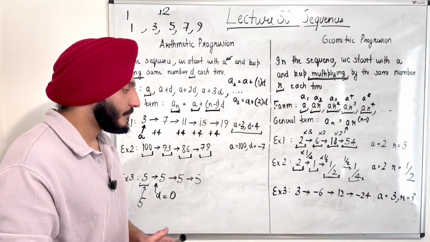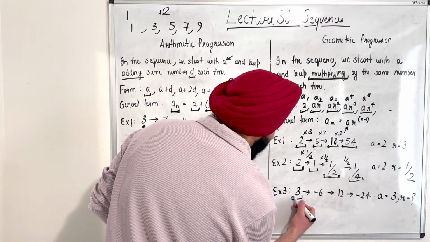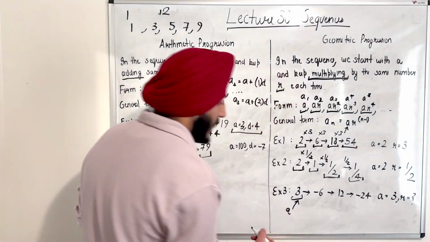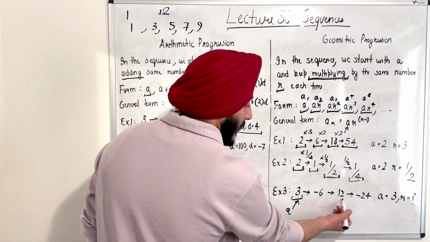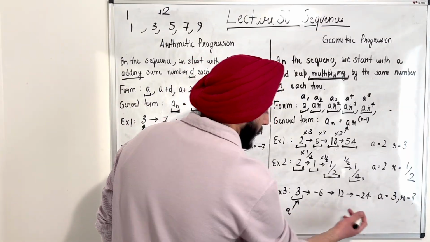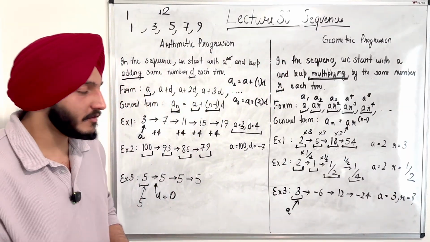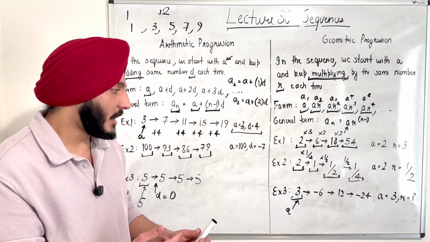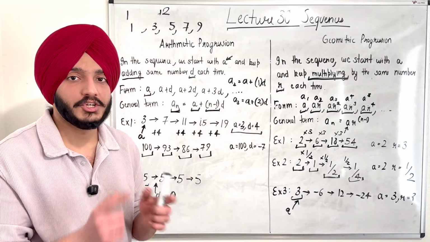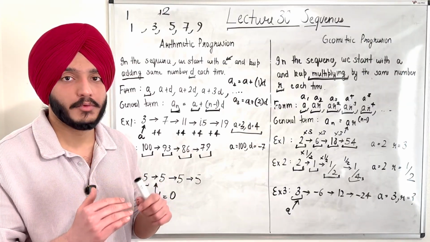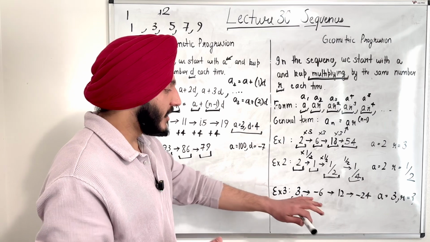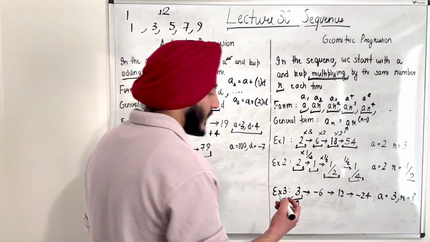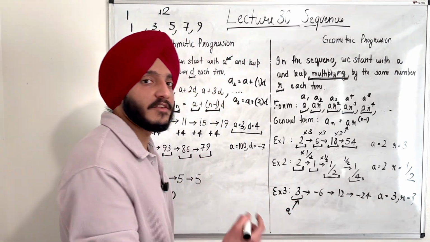In this case, once again, the starting value is going to be A. But if you look at this, we went from 3 to minus 6 to 12 again to minus 24. So this is not just increasing, but the signs also keep on changing. They keep fluctuating from negative to positive. The simple thing to figure out is that we're multiplying by minus 2 every single time.